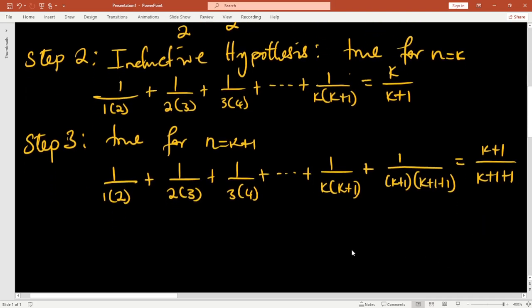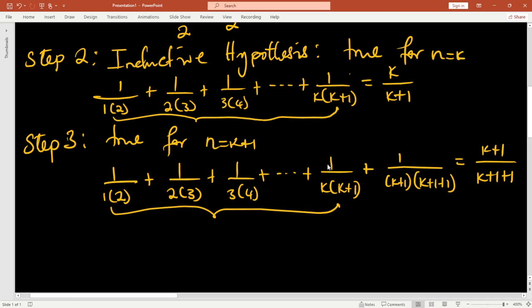Now, when you look at the terms starting from the first term up to the k term, you notice that these terms give you the left hand side of the inductive hypothesis. So where there are these terms, you can substitute the right hand side of the inductive hypothesis.